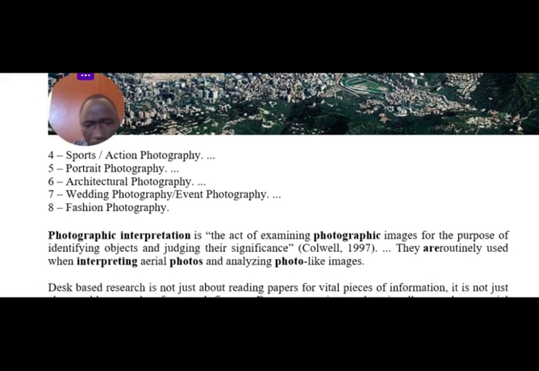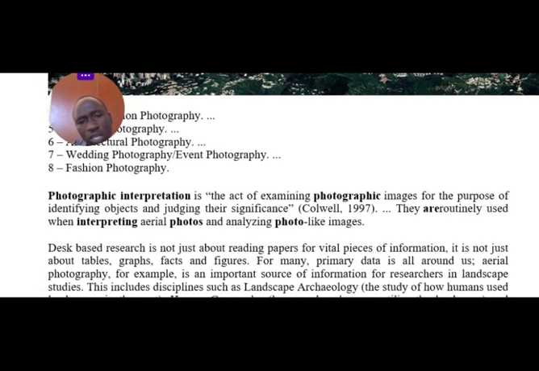Weddings I've mentioned above. Now, photograph interpretation is an act of examining photograph images for the purpose of identifying objects and justifying their significance or importance. So, photographs or images can be taken, but their major intention of taking those images is to justify the importance or the significance.